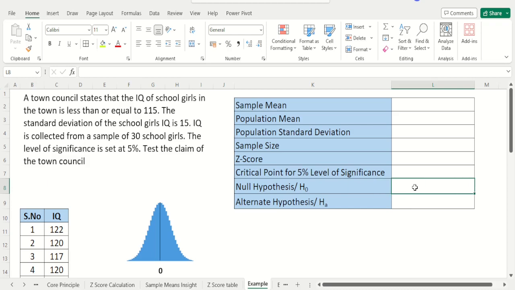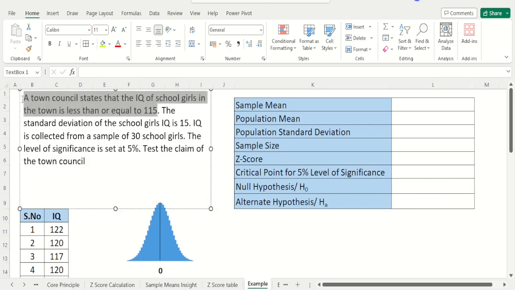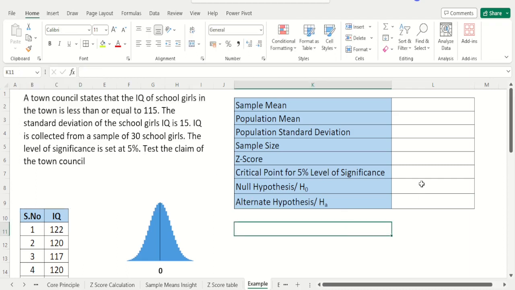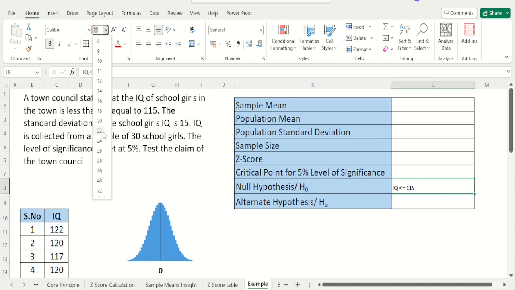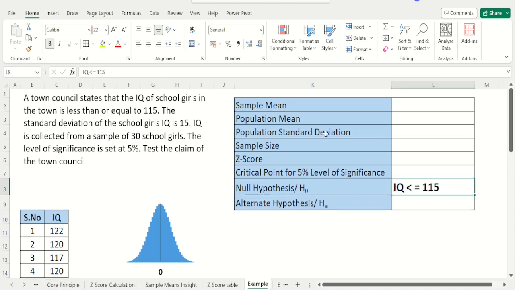So what is the null hypothesis? The null hypothesis is this statement right here. This is what the town council is stating, right? So this is our null hypothesis. Okay, so we can state that IQ is less than or equal to 115. This is our starting hypothesis.